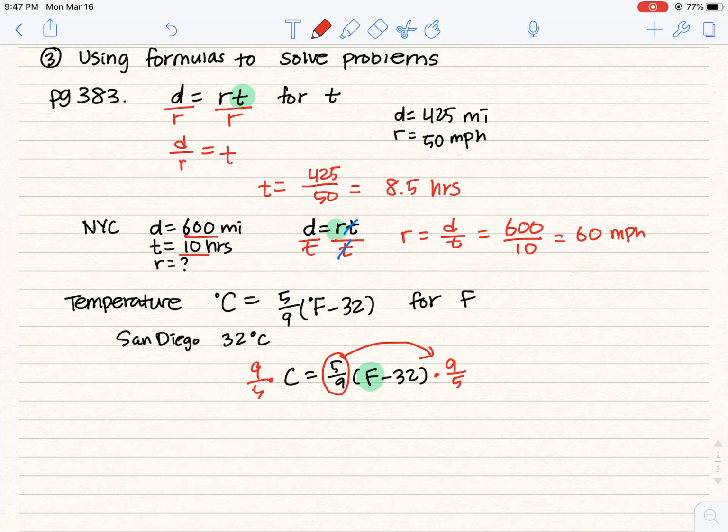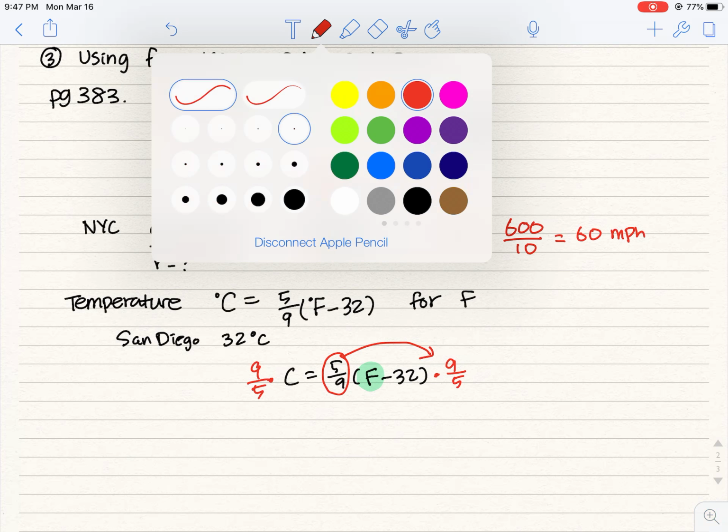I'm going to do the same thing, 9 over 5. The reason I'm doing this first is that in terms of PEMDAS, the order of operations, you would work with the parentheses first, and then you would multiply after. Because multiplying comes after, you have to divide first, and then once you get the answer, you can work with the inside number from the parentheses.